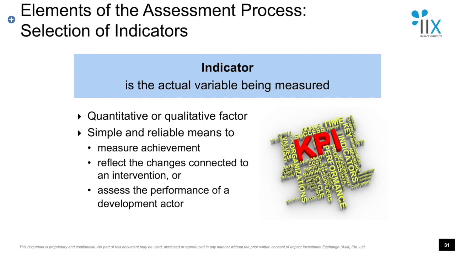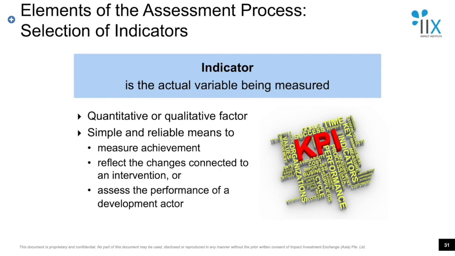You have to look at that first. Then, how easily can it be measured? Can you give a proxy for it? Is there a parallel in a similar sector? You need to see if it can reflect the change connected to an intervention, and if it assesses the performance of any other actors in the space.